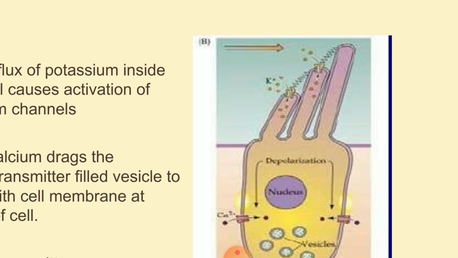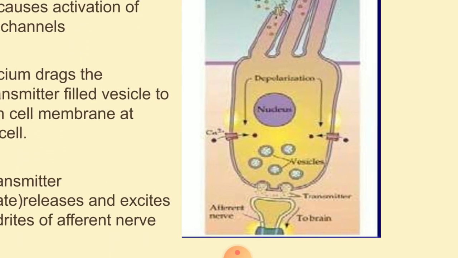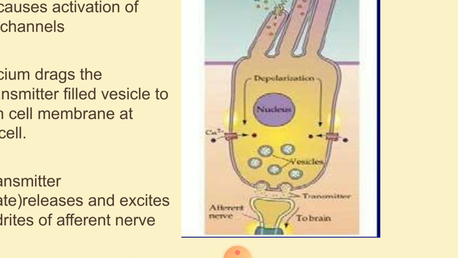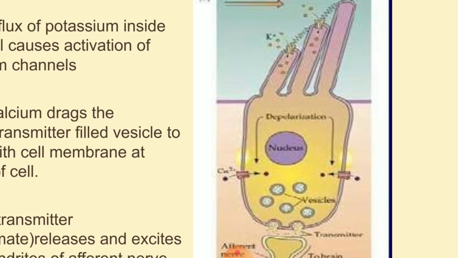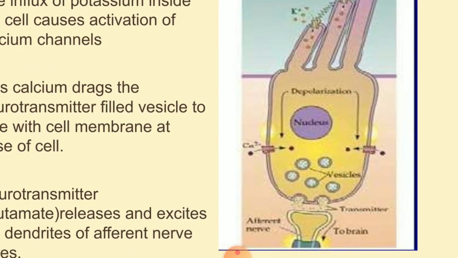One thing to be noted is the resting membrane potential of these hair cells, which are bathed at the lower portion in the perilymph and at the upper portion in the endolymph of the scala media. At the lower end, the resting membrane potential, that is the potential difference from inside to outside, is almost minus 60 millivolt. That means the inside of the hair cells is 60 millivolt negative to that of the perilymph.